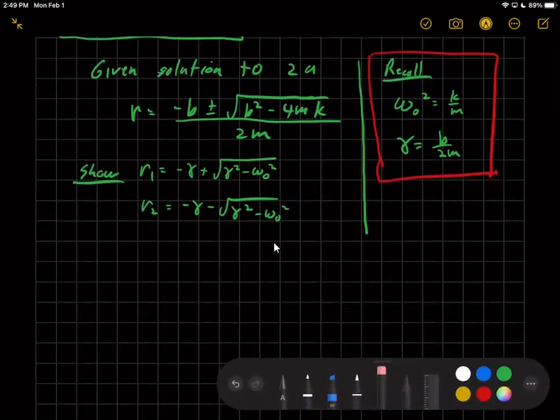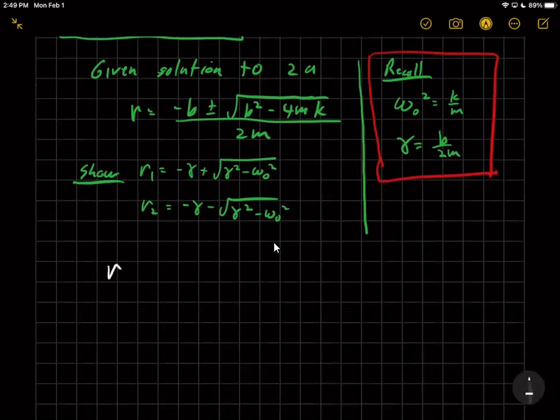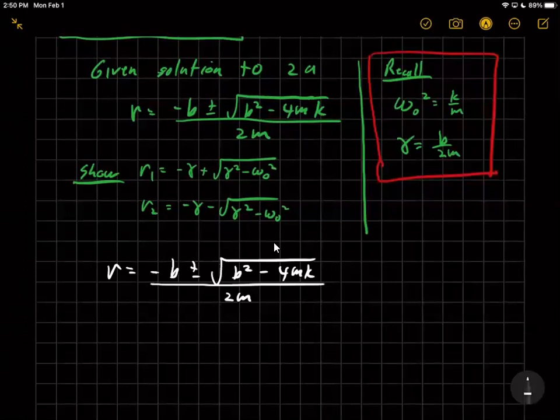the last video. Okay, so our starting point is R equals negative b plus or minus the square root of b squared minus 4mk all over 2m. Now you can see what we need to show. We need a negative gamma in front, which would be negative b over 2m. So we need that to be our first term, I should say.